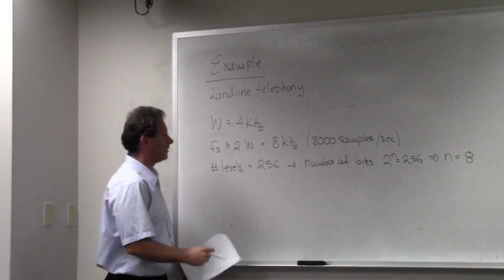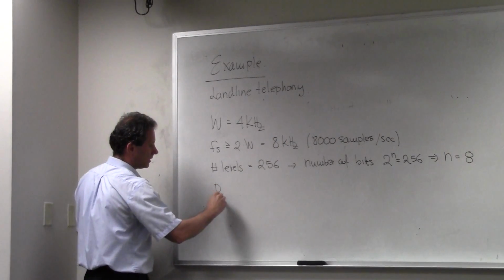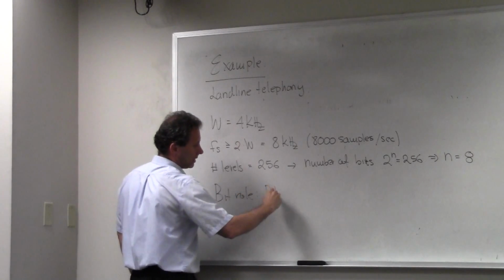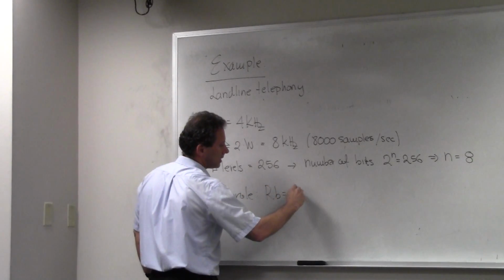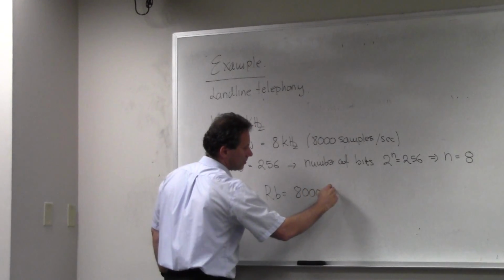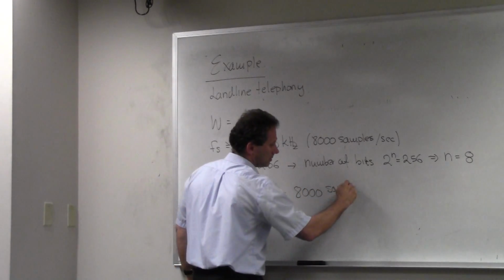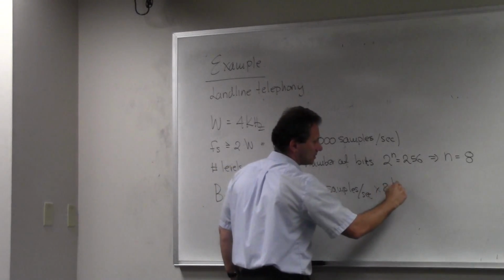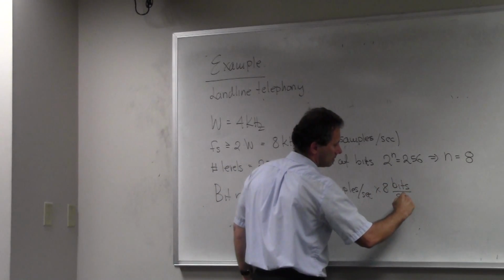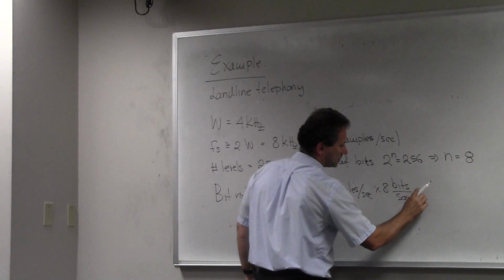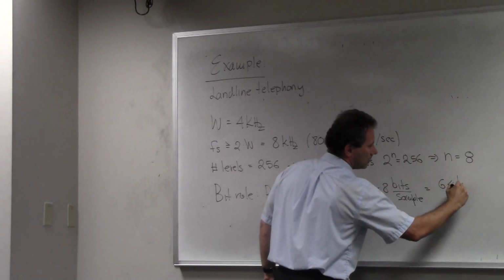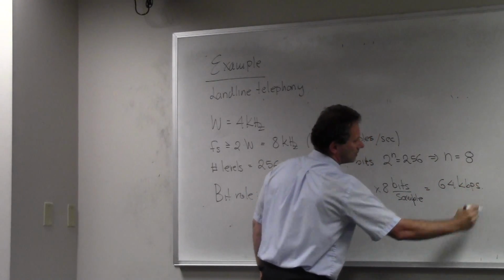What is the data rate that we're dealing with? The bit rate is going to be 8,000 samples per second multiplied by 8 bits per sample. This gives us 64 kilobits per second.